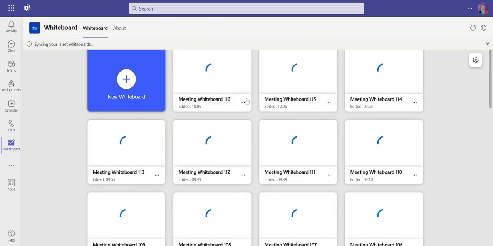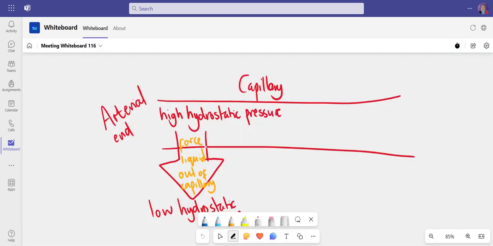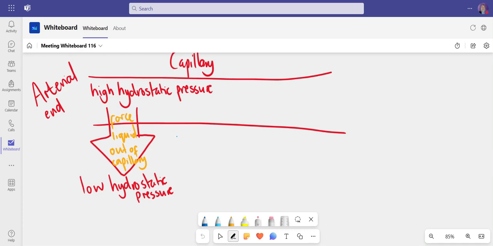So what we find is, if we look at our capillary here, at the arterial end, we always seem to have more solutes in the capillary and fewer solutes outside the capillary. And the oncotic pressure always goes towards where there's more solutes.